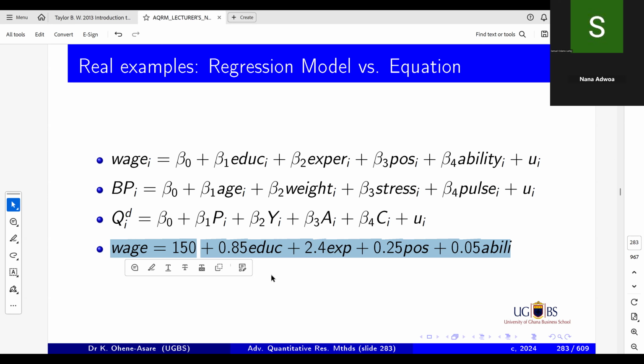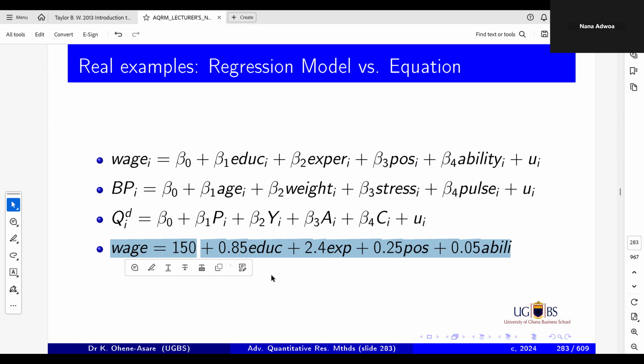So Doc, in the first equation, we have them in i's, meaning they are for generality. But for the second one, it's been given. We are looking at wage being equal to 150, which represents the beta naught from the first one, and then 0.85 representing education, beta 1 from the first one. That's what I'm trying to say.